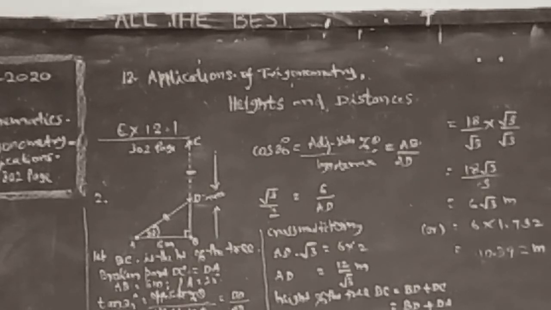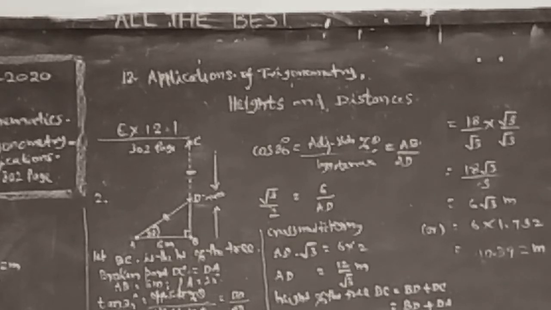Now, write the height of the slide. Height of the slide BC is equal to 2 meters, and angle A equal to 30 degrees, angle B equal to 90 degrees.